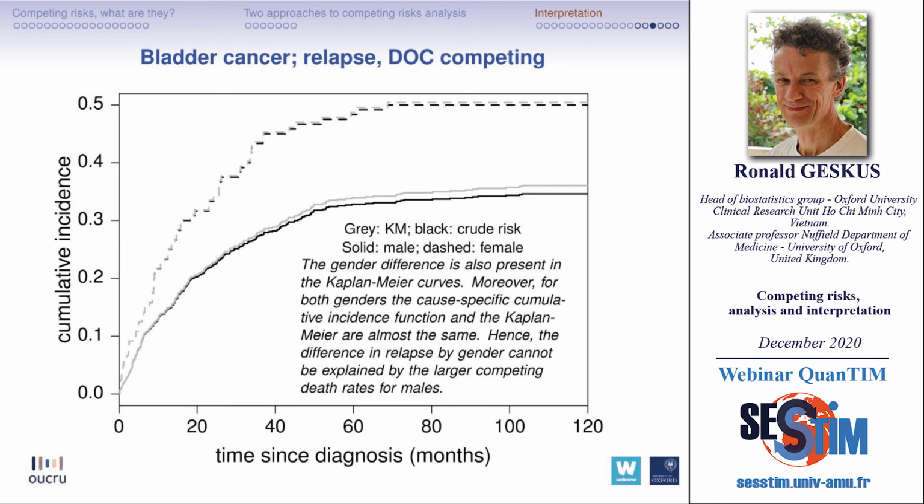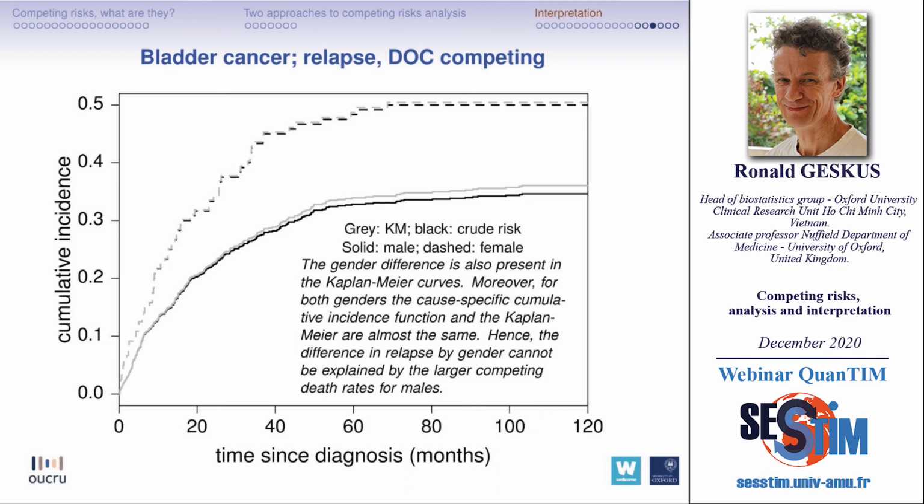Every time I read such a statement with respect to competing risks, I need to sit down and think about it for 15 minutes or maybe sometimes even longer. It's very easy to be fooled by this. This statement is highly controversial. Why? Well, for a couple of reasons.